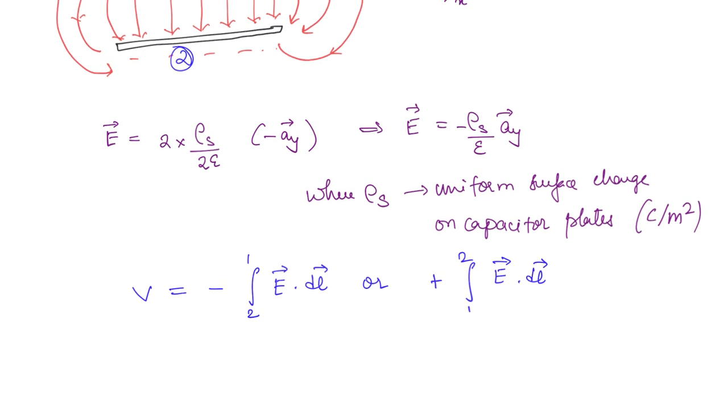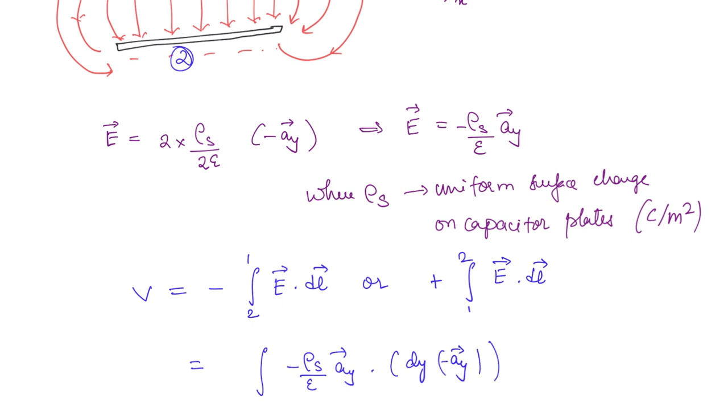So in this expression, you know E bar, right? And dl bar, if you are taking this expression from 1 to 2, then dl bar will also be in the negative y direction. So you are going to get the integral of minus rho s by epsilon a y bar dot the differential length dy in the direction minus a y bar.